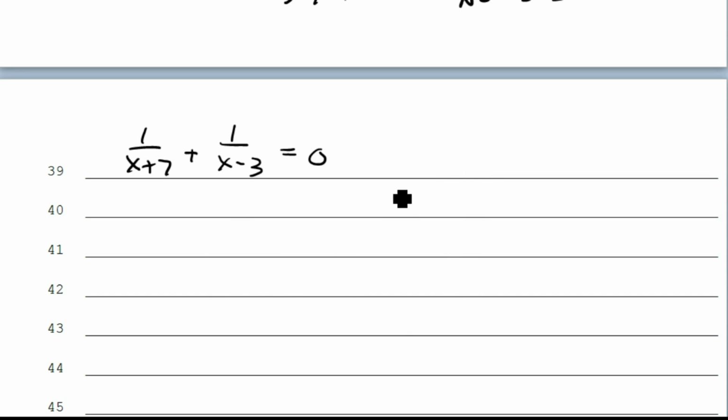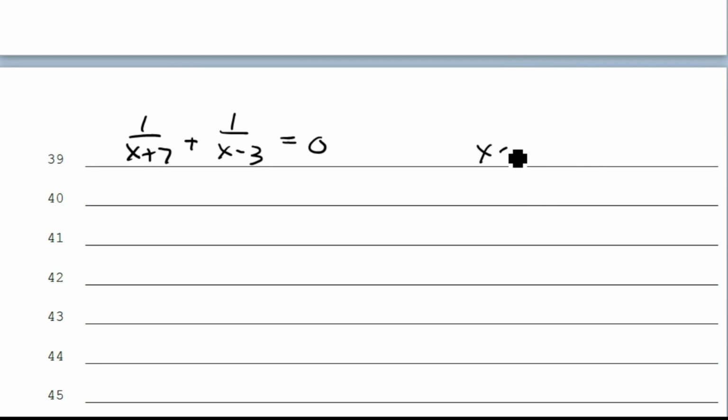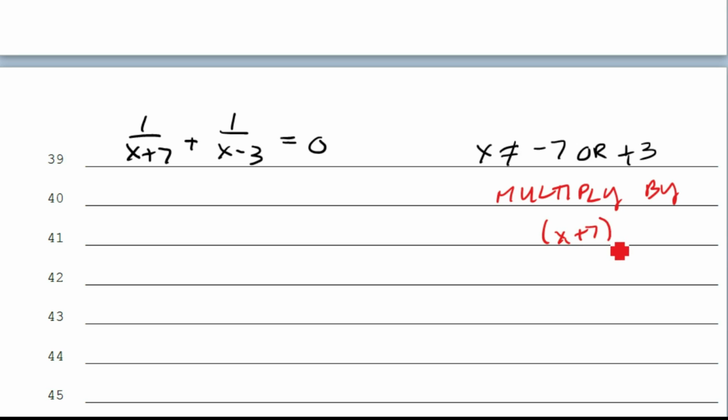Let's add these two fractions together, see what we get. Again, x cannot equal minus 7. Cannot equal minus 7 or plus 3. And to get rid of the variables out of the denominators, multiply through by x plus 7 times x minus 3.